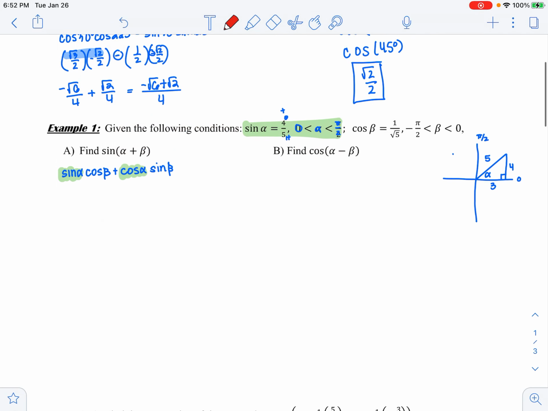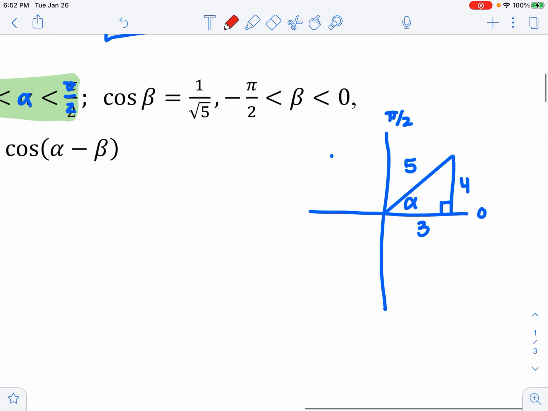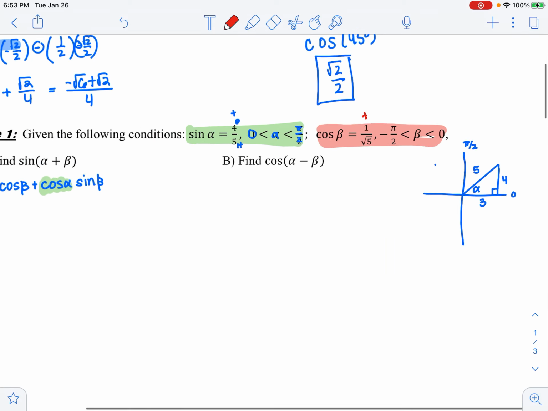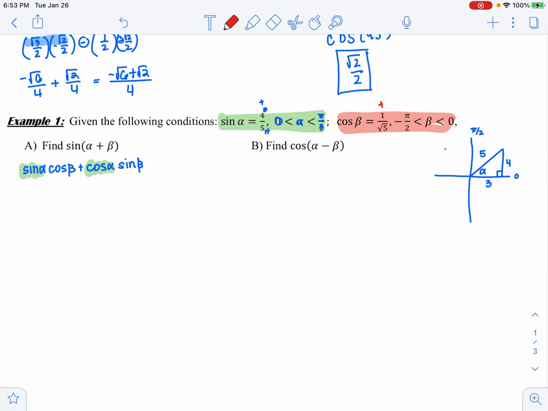But we also need to do that for beta, so I'm just going to draw beta right now also, okay? So here is your stipulations for beta. So if you look, the cosine of beta is positive, and then it gives us a second stipulation. So I'm going to draw it right below this one. So where is cosine positive?